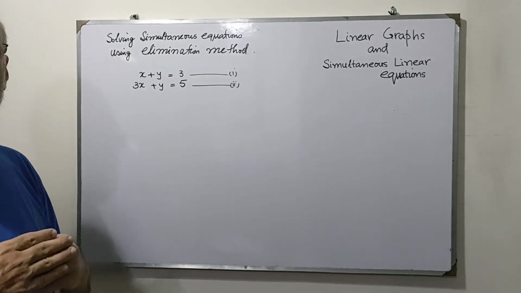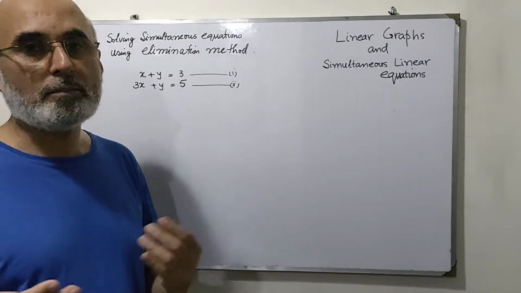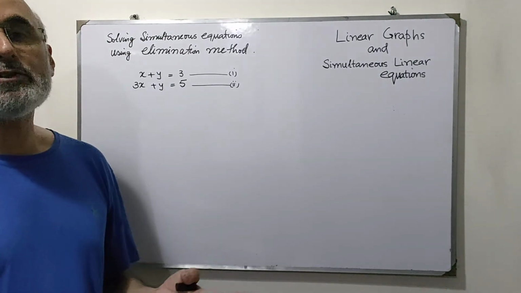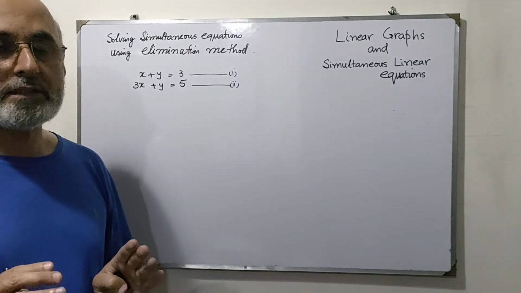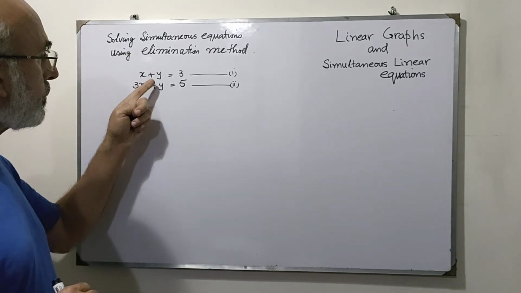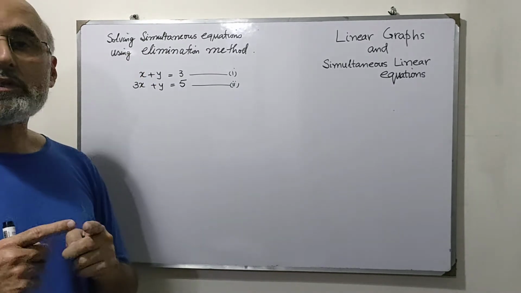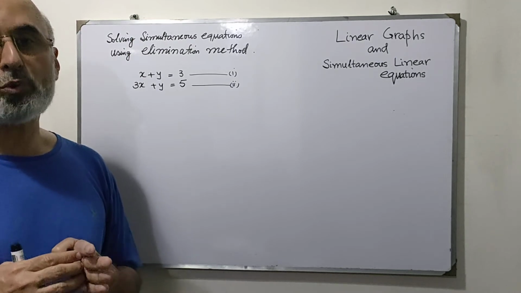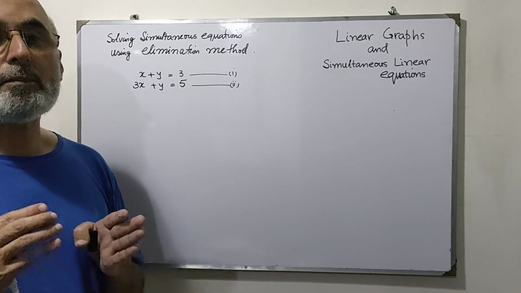If I add them, I'm going to have 4x, not eliminated. If I subtract them, I'll get 2x or minus 2x, so not eliminated. But if I look at the coefficients of y, both are 1. So if I subtract these two equations, I'm going to eliminate y.